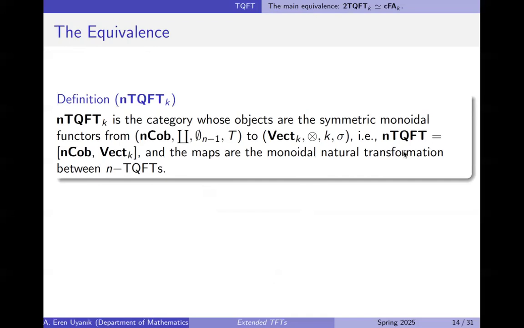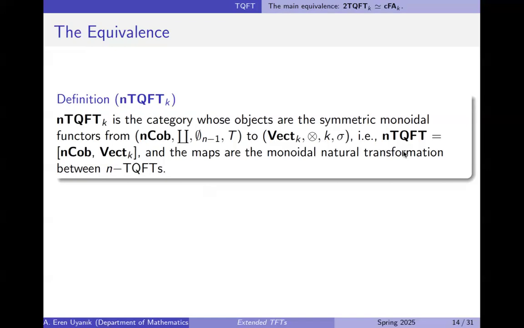We want to put all this data again into a category, the TQFT category. The objects are symmetric monoidal functors, TQFTs, from nCob to Vect. In other words, this is the functor category of symmetric monoidal functors from nCob to Vect. Remember that TQFTs are just functors, so our maps between TQFTs are just natural transformations.